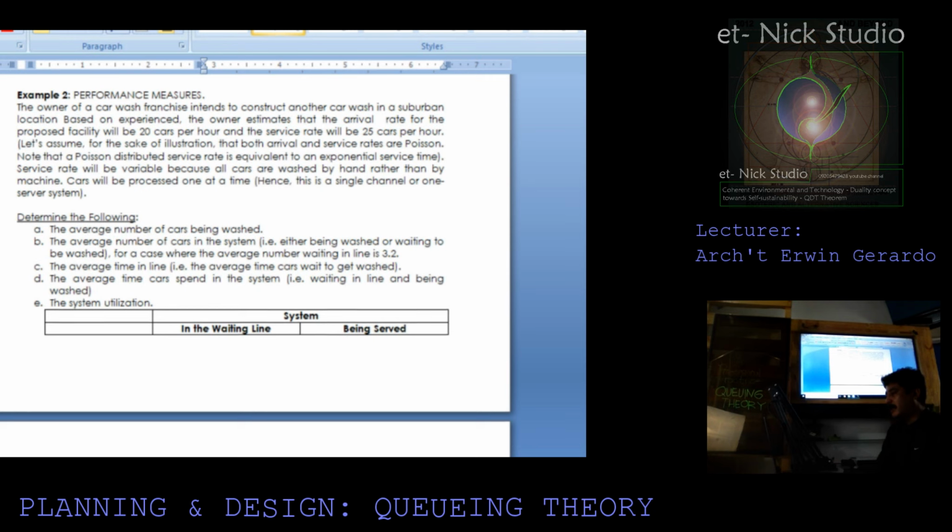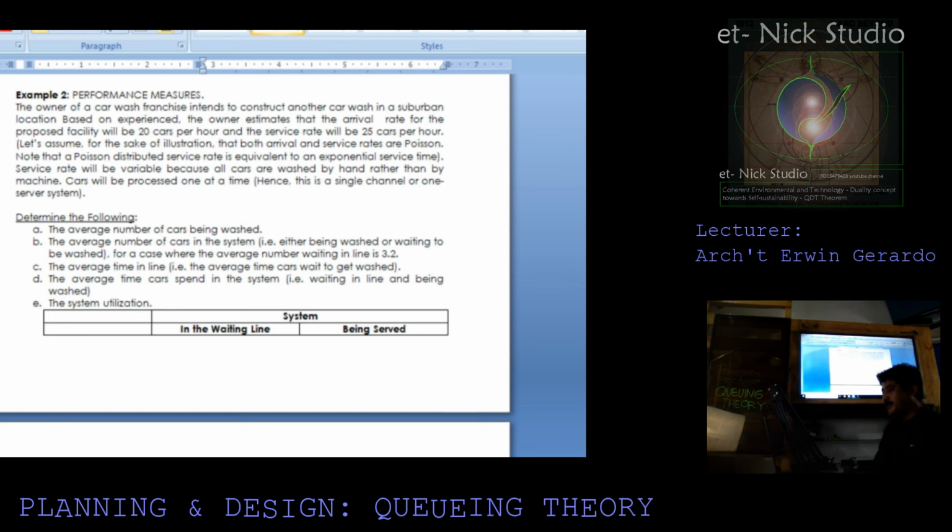Letter A, the average number of cars being washed. Letter B, the average number of cars in the system either being washed or waiting to be washed, for a case where the average number waiting in line is 3.2. Letter C, the average time in line, the average time cars wait to get washed.